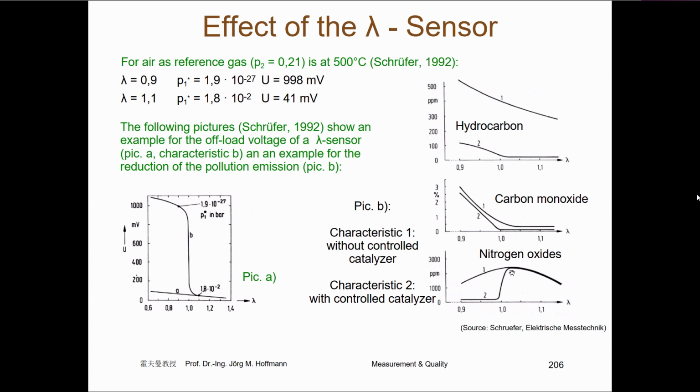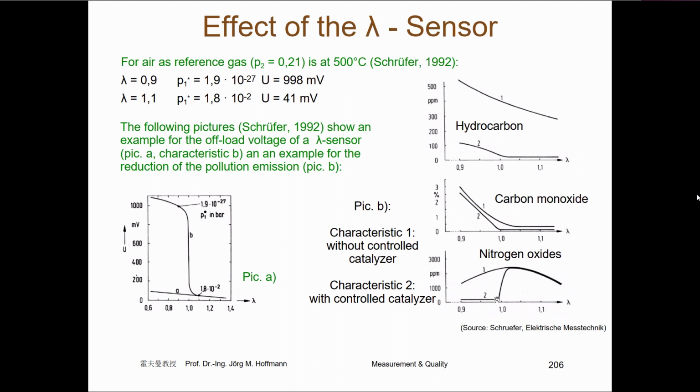But that is also what we do not want. And therefore, we run our combustion engines in cars at around 0.999. That means exactly the point below which the nitrogen oxides start to increase, but above which the carbon monoxide starts to increase to the lower values, and the hydrocarbon too.